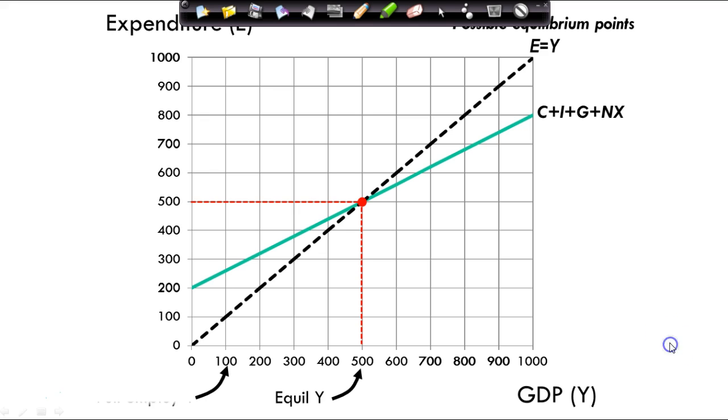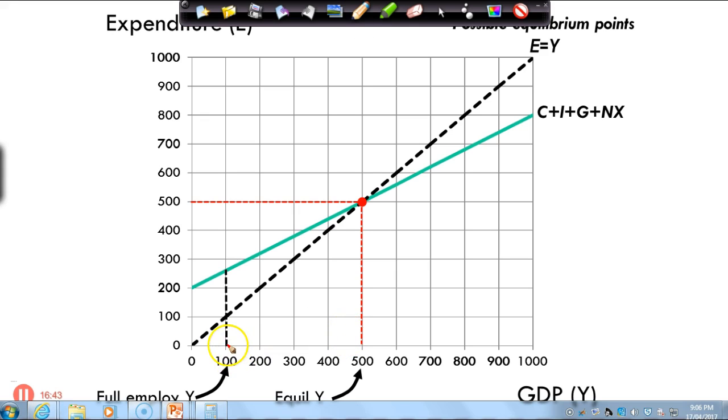Let's say, just for fun, that the full employment level of GDP is at 100. In that case, if the economy were at full employment in this situation, this is a disequilibrium, and the economy will tend towards the equilibrium. It will tend to increase income, and therefore expenditure will tend to increase towards the equilibrium.